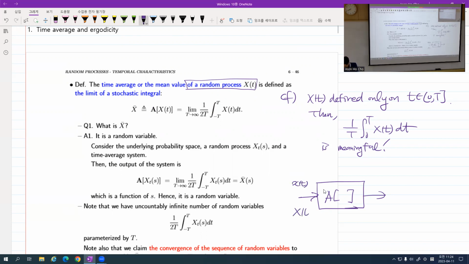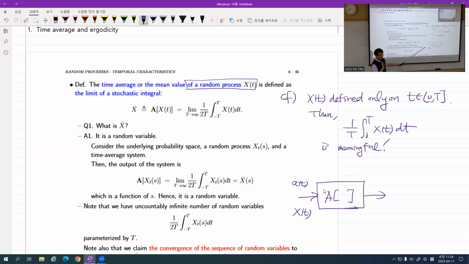Now we change it to a signal with uncertainty. It's possible, right? Now, what I'm asking is this. What is the output? Anybody? What is the output if we plug in a random process instead of a deterministic signal to the time average operator?